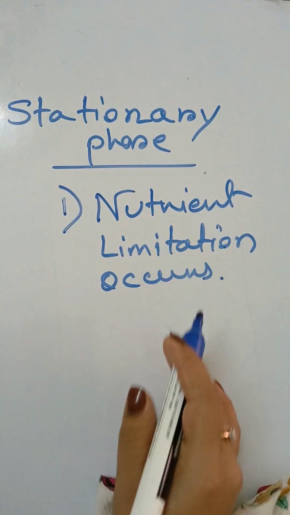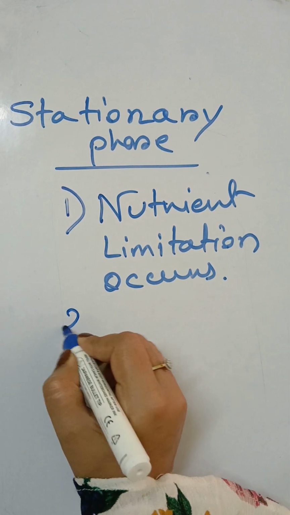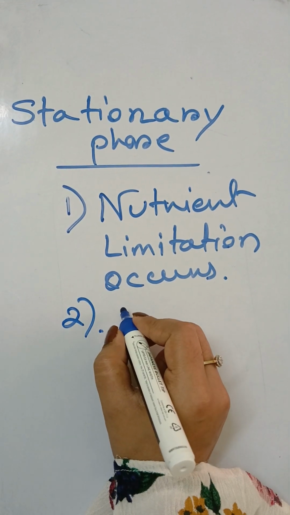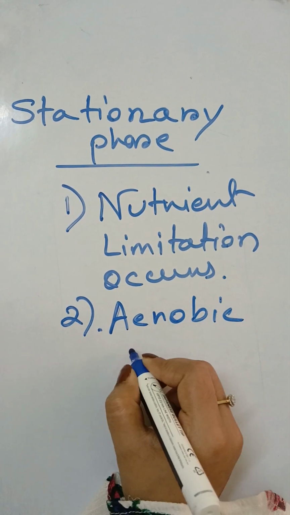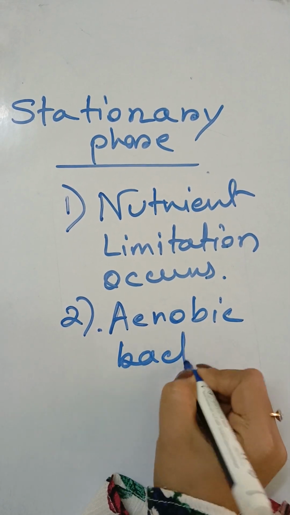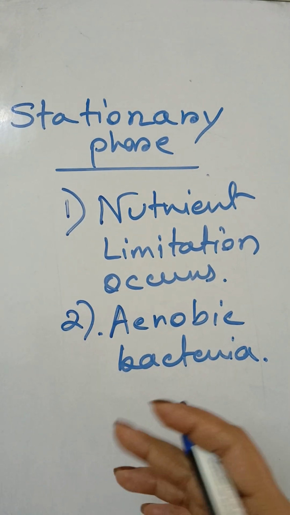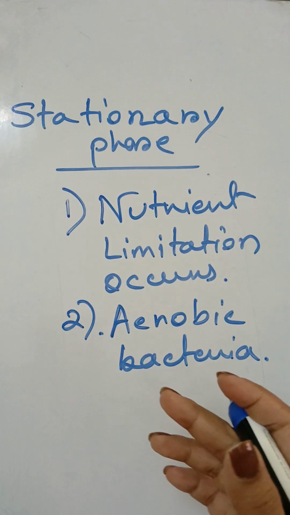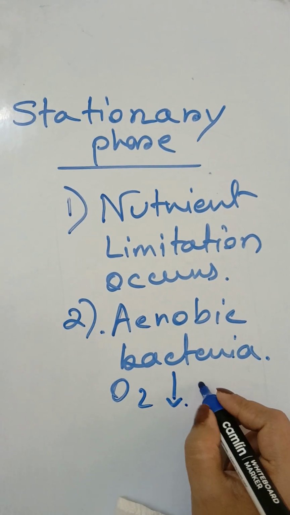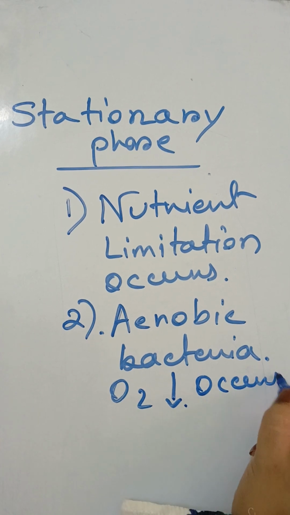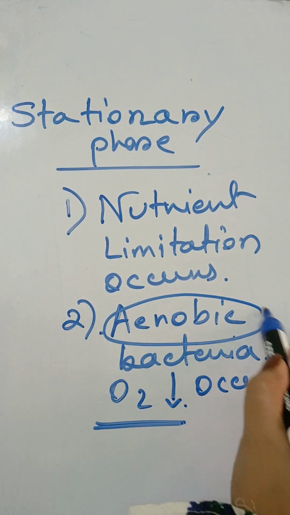So nutrient limitation obviously results from that. And the second one is, in case of aerobic bacteria, they always need oxygen. So when too many bacterial cells are present in a batch culture, oxygen depletion also occurs. Without oxygen or with very little oxygen, aerobic bacteria cannot grow.